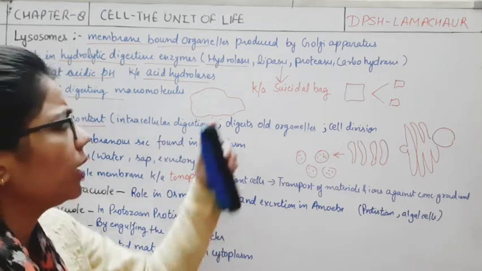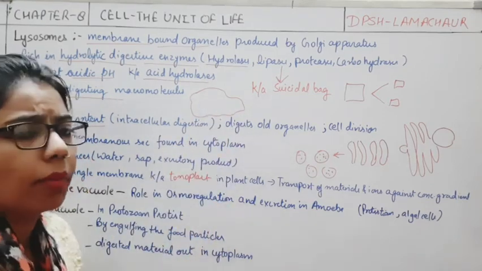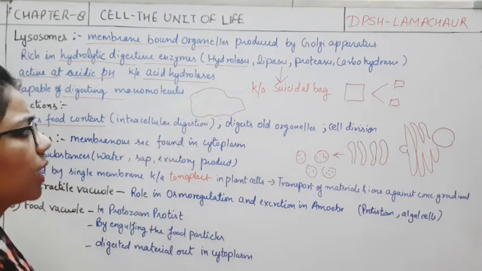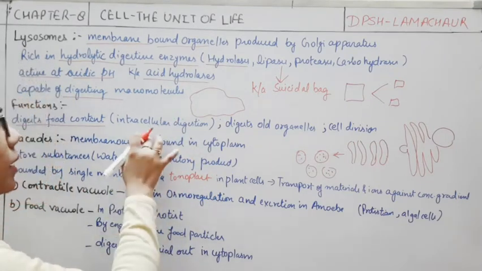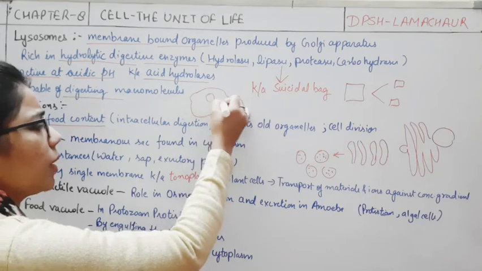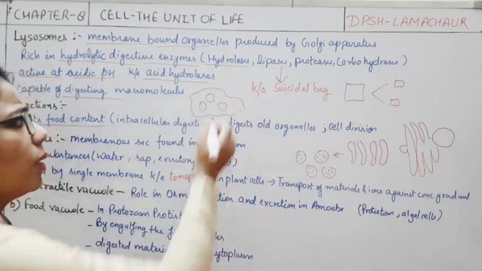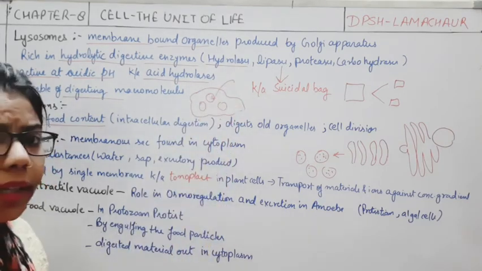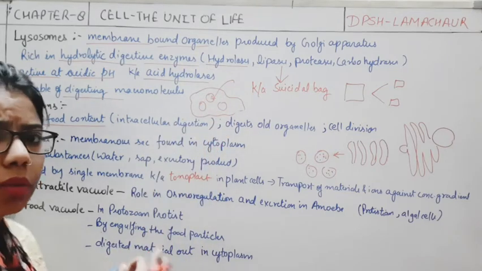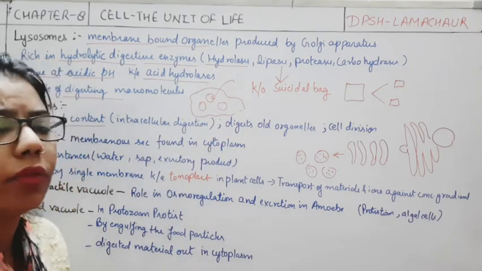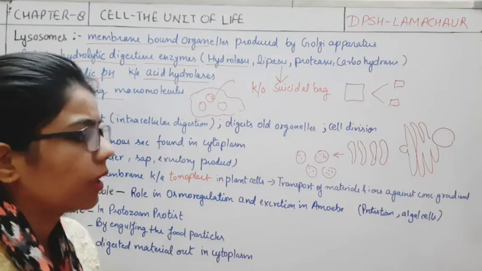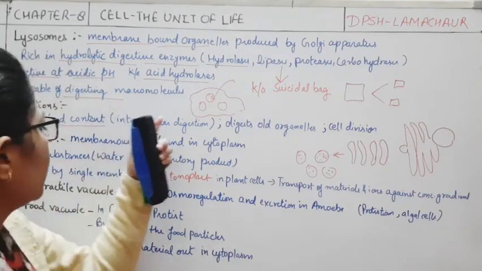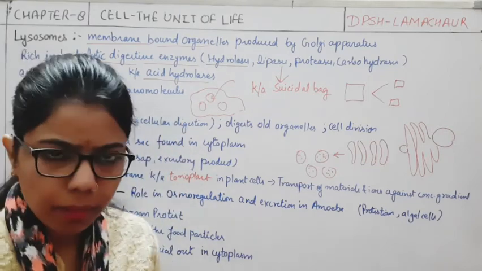Or in the case of any cell, if lysosomes are present, what will they do? They will break the food down into smaller parts, and it will be easier for the cell to absorb it. The same thing we can discuss about the amoeba here.